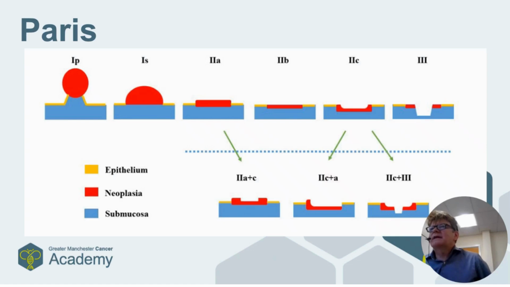So here's the Paris classification, very simple scheme. We'll all be familiar with this, and it is built into all endoscopy reporting software these days, but just for revision, 1P, clearly pedunculated, sitting on a stalk there, 1S, sessile, and in continuity with the mucosa, 2A, sitting flat but slightly proud of the mucosa, 2B, sitting right in line with the mucosa, 2C, depressed, and 3, clearly ulcerated through the submucosa.